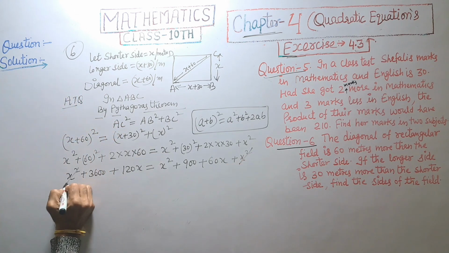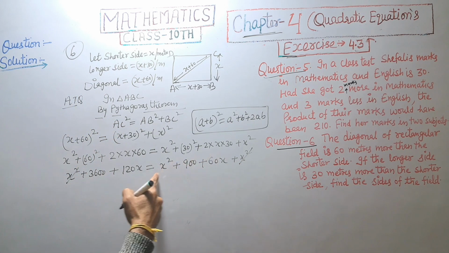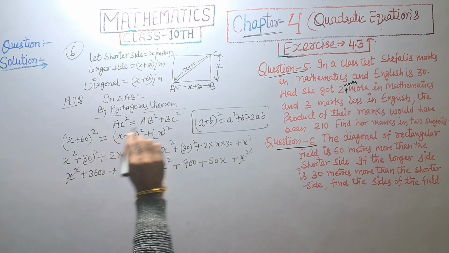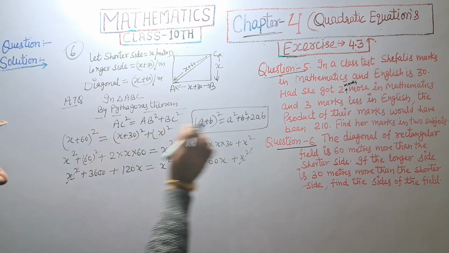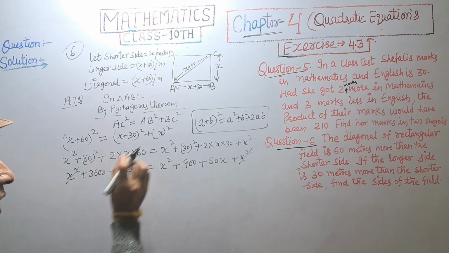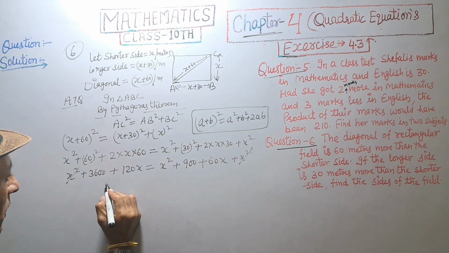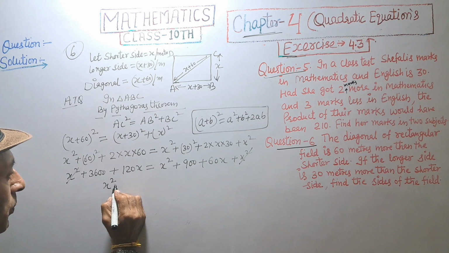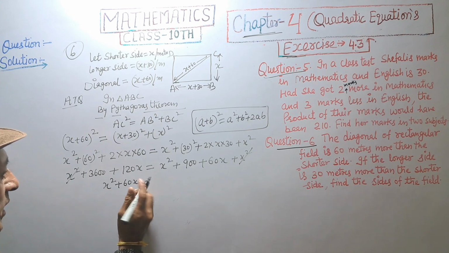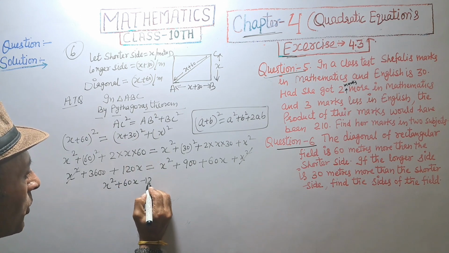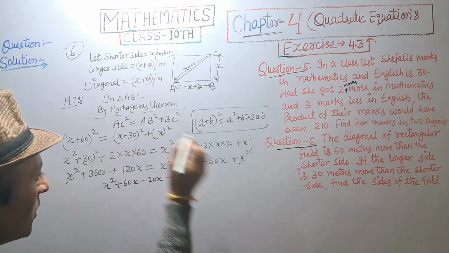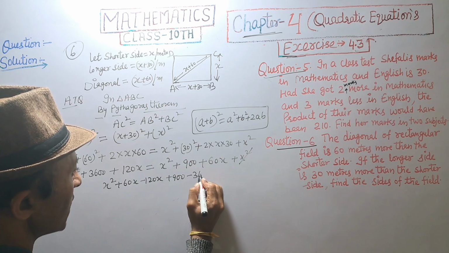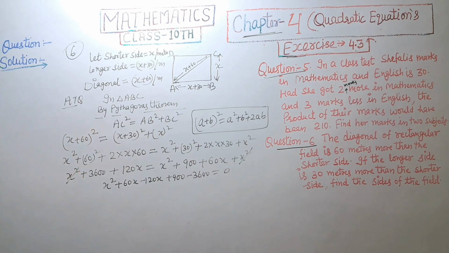X square cancels on the left side and right side. Shifting 3600 and 120x to the right side, they become negative. So x raised to power 2 plus 60x minus 120x plus 900, and shifting 3600 gives negative 3600, is equal to 0.